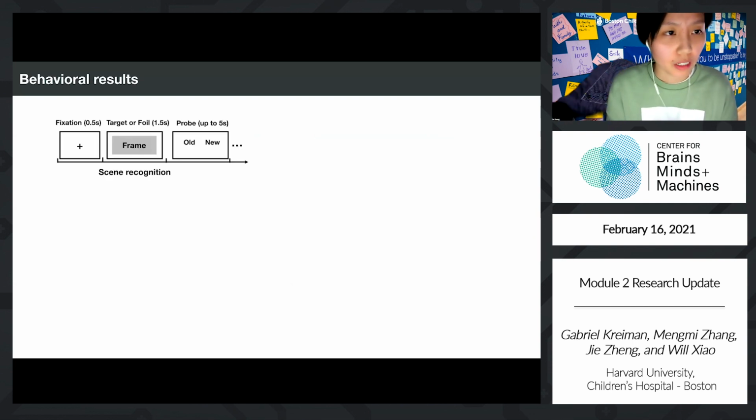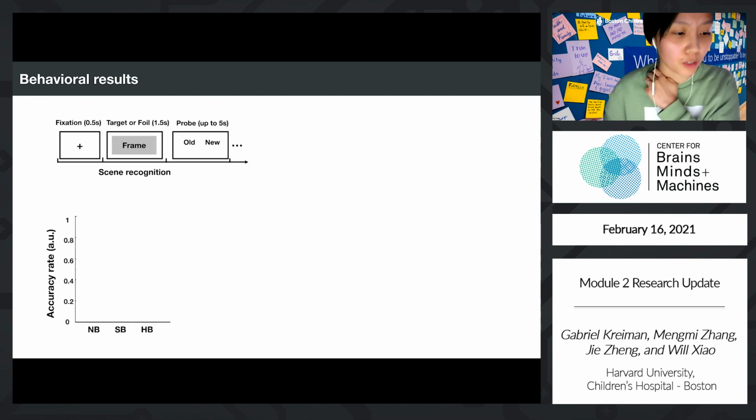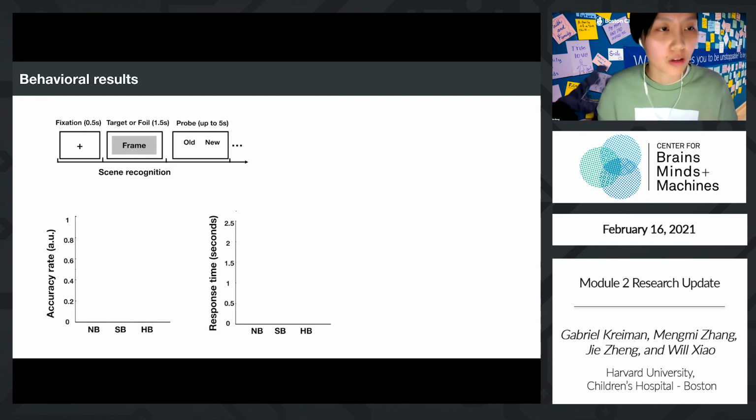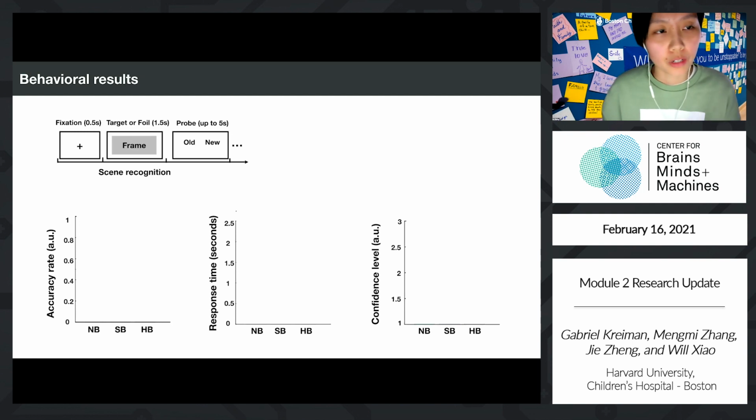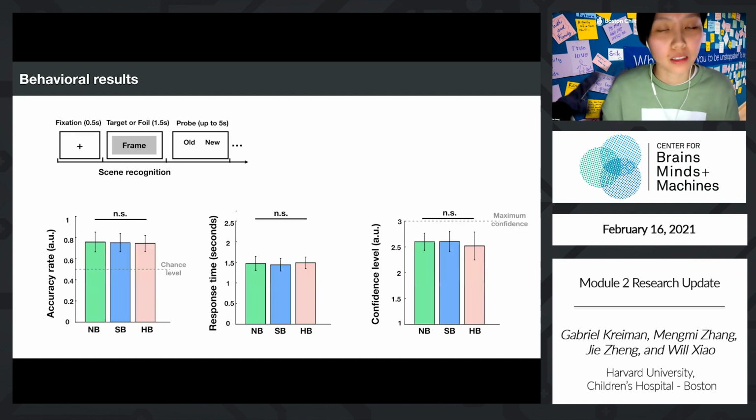For the scene recognition task, we plotted subjects' memory performance in terms of their recognition accuracy, their response time, and also their confidence levels. Actually, for all three boundary types, we don't find a significant difference across them.